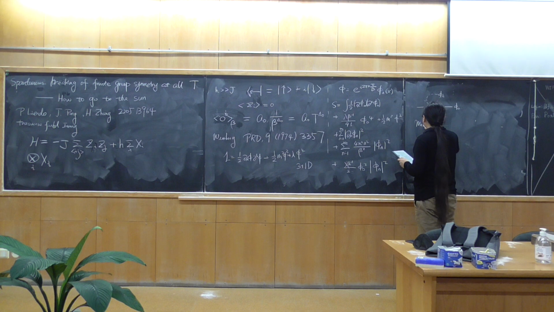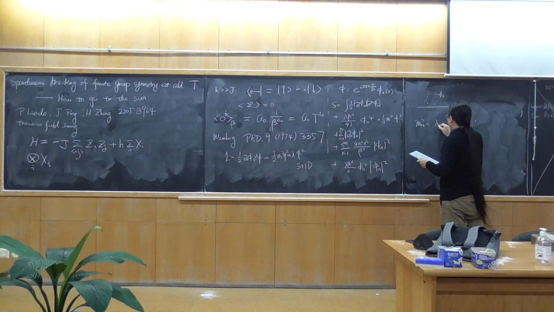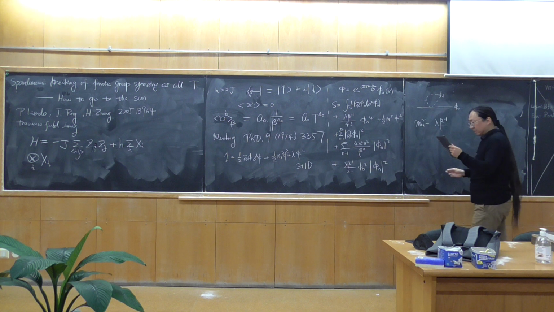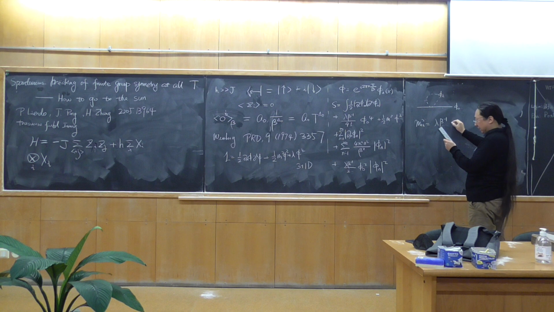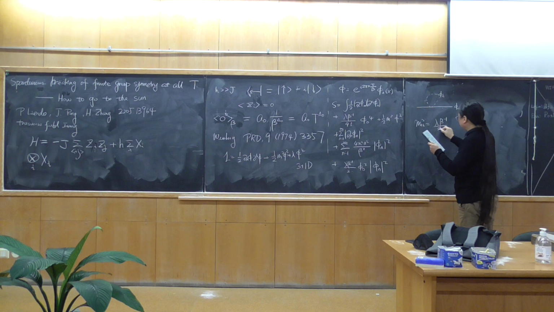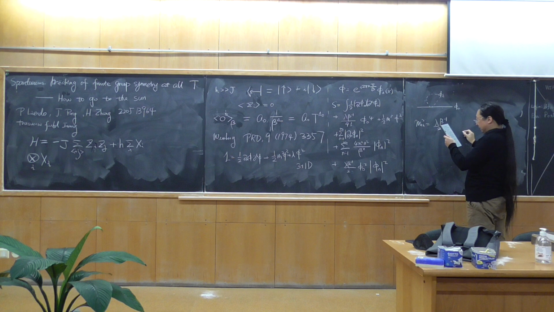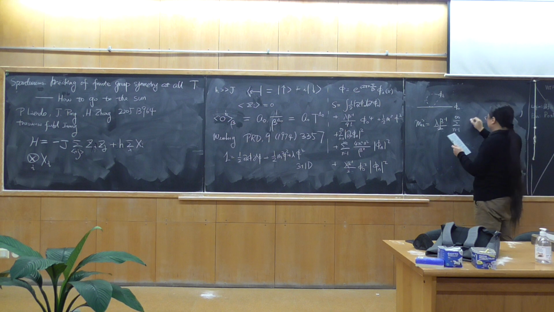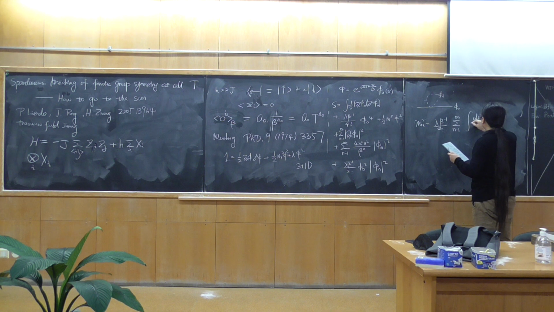Your thermal mass squared would essentially be lambda beta^-1, which is the coupling here, times 1/2, and there should be a summation from n equal to 1 to infinity of your loop diagrams.